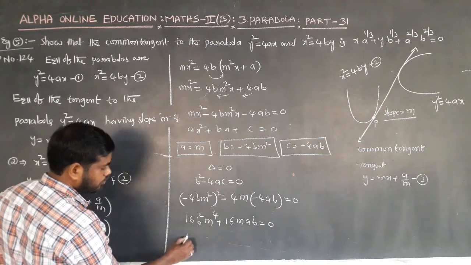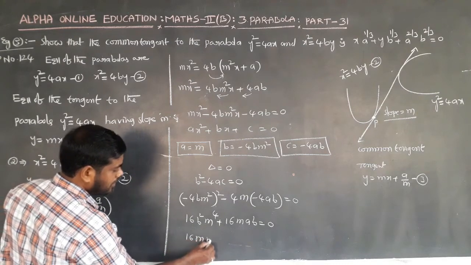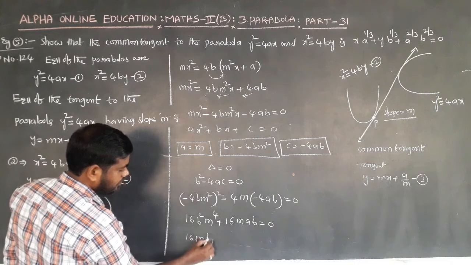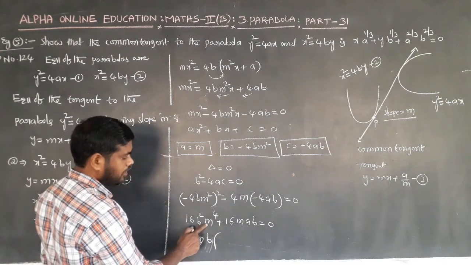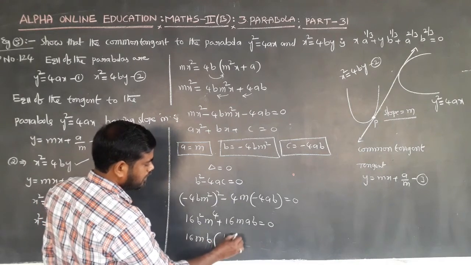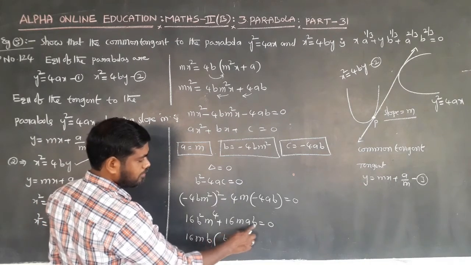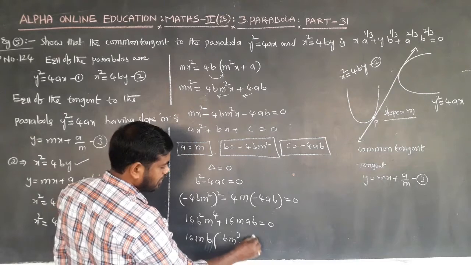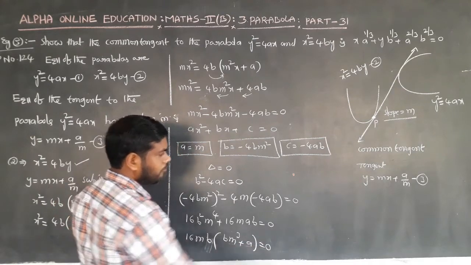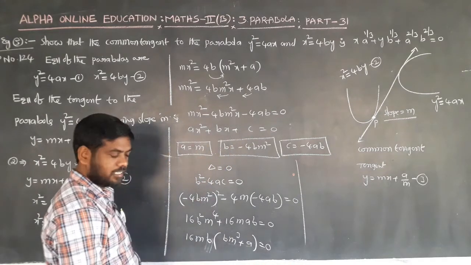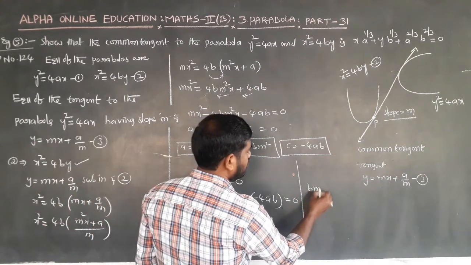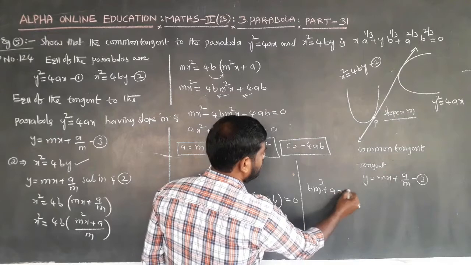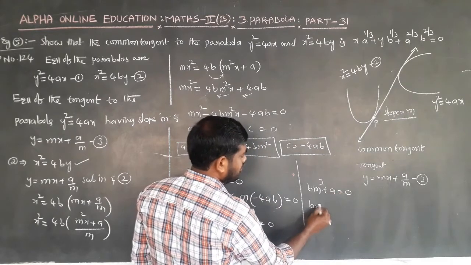Taking 16b m common from the two terms, 16b m common means b m cube plus a is equal to 0. So b m cube plus a is equal to 0.